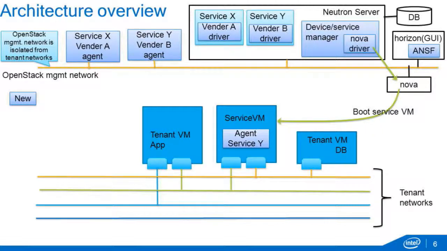So when the driver pushes the configuration, this is provided by cloud user. The configuration is pushed to the configuration agent. And then the configuration agent pushes or injects into the virtual machine. Then guest agent configures its service based on user request. And also, user wants to deploy a firewall in front of application server.